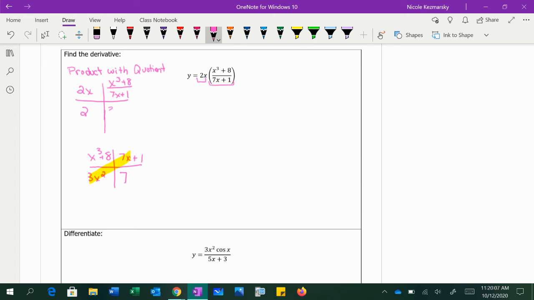So we'll say 3x squared times upper right-hand corner, 7x plus 1, minus, and then we'll do the other diagonal, which means we have 7 times x cubed plus 8, divided by the original denominator, 7x plus 1, squared.